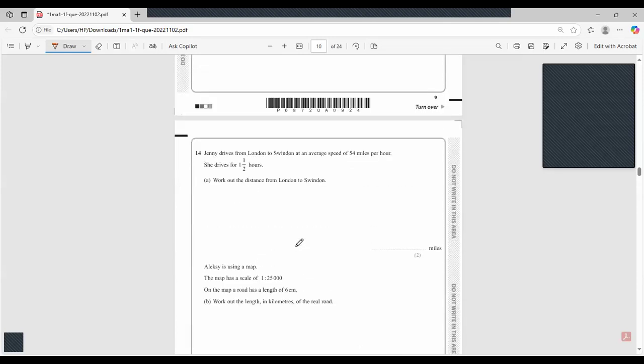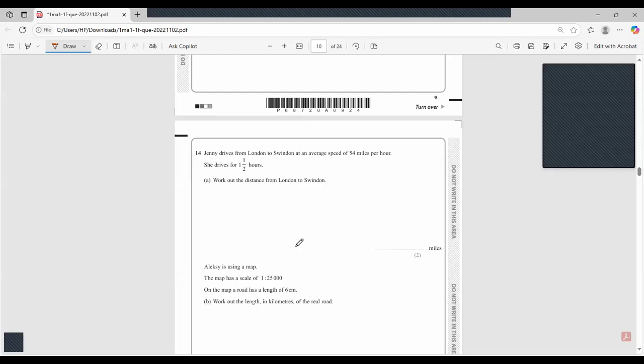How about this one? Is this speed multiplied by time? Speed multiplied by time. Yes, to find distance, right? Yes, correct.